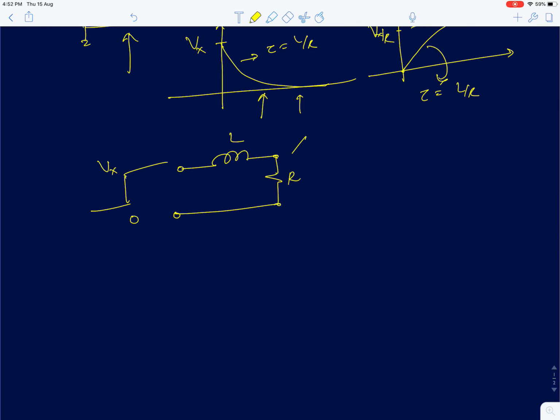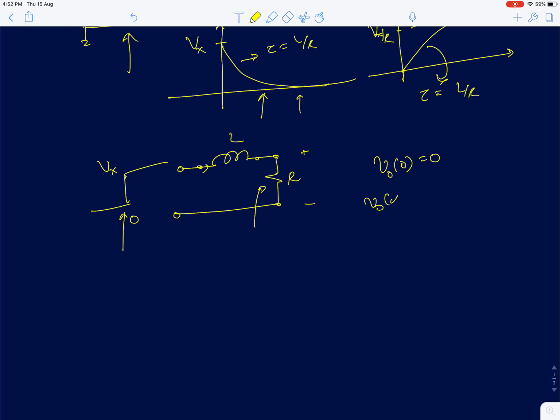So now in this circuit, if you are asked to find the step response, instantly you just need to find first the initial value, V0 of 0, that you find when there is a sudden step event. At that point, the inductor will behave like an open circuit, so the current in the circuit is 0, so the voltage across the resistor will also be 0.